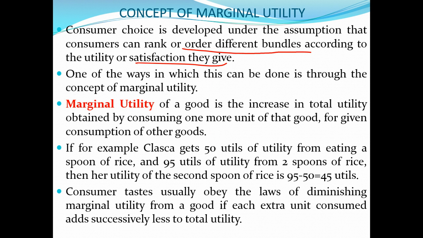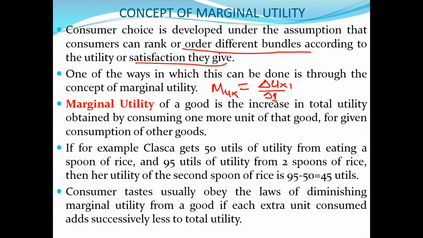Of course, the best way to give these rankings is to use the concept of marginal utility. Marginal utility of good X is just a change in utility from the consumption of good X. So we want to understand, if I increase the consumption of good X by 1 unit, how is this going to affect my utility?